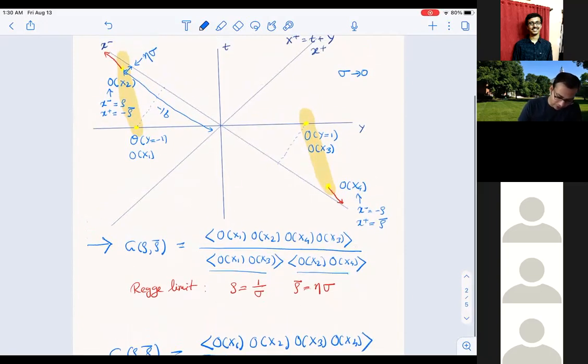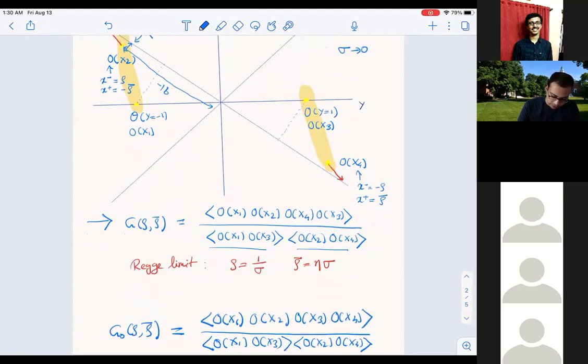So the operators are given here. Again, these two points x1 and x2 are time-like separated, and now points x3 and x4 are time-like separated. So the difference between this correlator and this correlator is basically the ordering of operators.